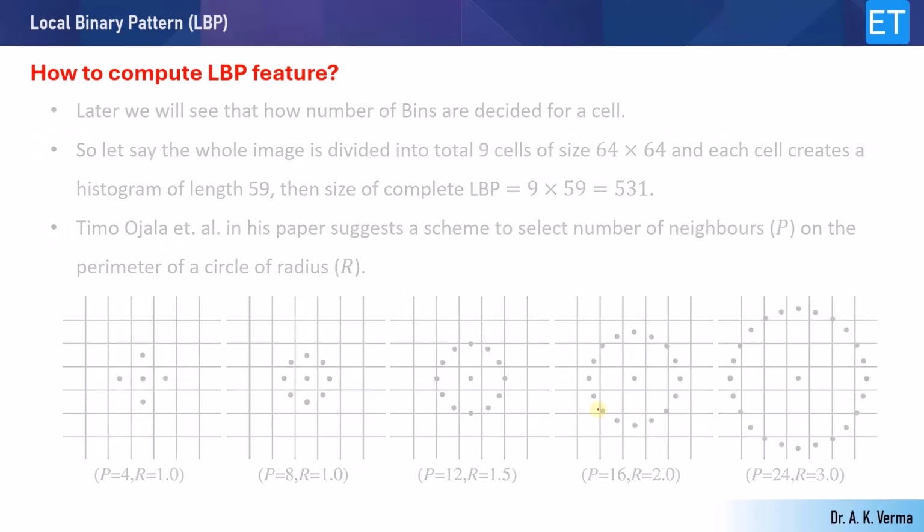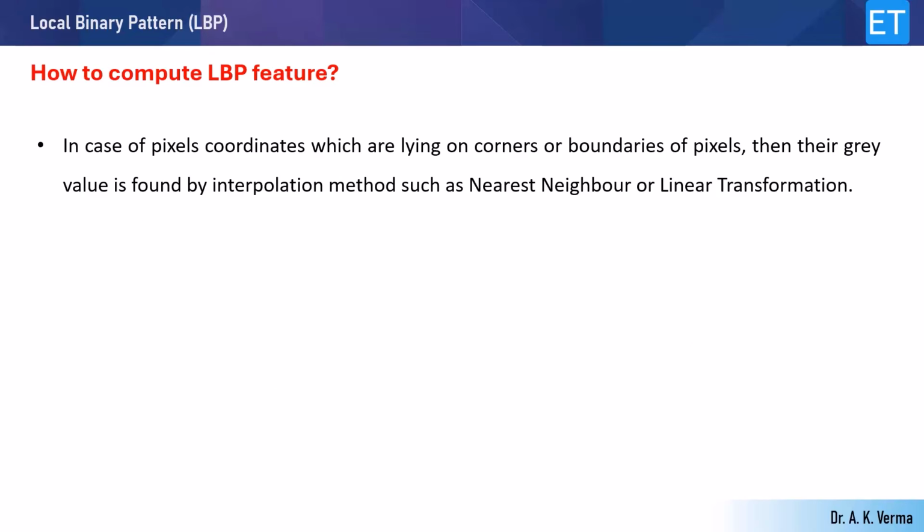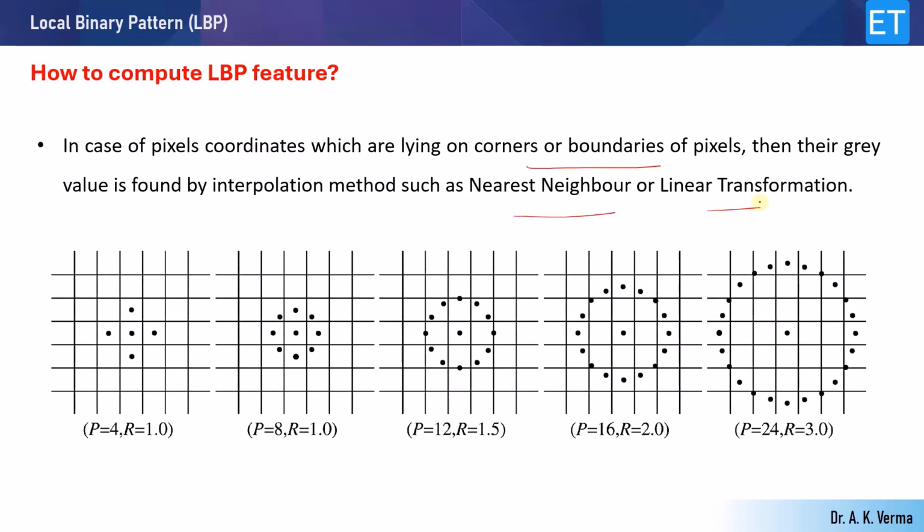Okay. In the case of pixel coordinates which are lying on the corners or boundaries of pixels, their gray value is found by interpolation methods such as nearest neighbor or linear interpolation. What does it mean? Actually, in this case, there is no problem. You can select this pixel.